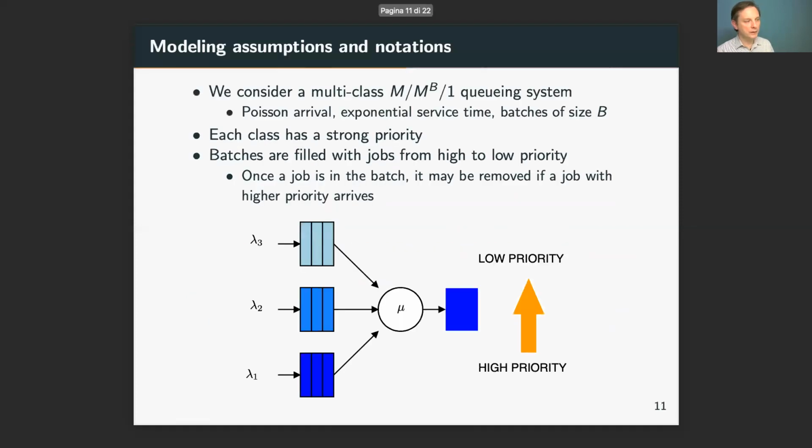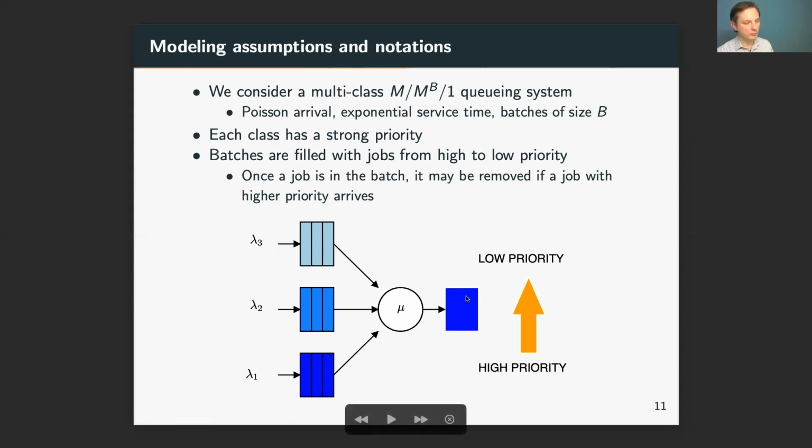So the queue model is basically an M/M^B/1 queue. So it's a queue with Poisson arrivals, exponential service time, and a batch service with size B. And it has multiple priorities. The priorities go from 1, which is the highest priority, to higher numbers, and these are strong priorities, which decrease when the number becomes higher.